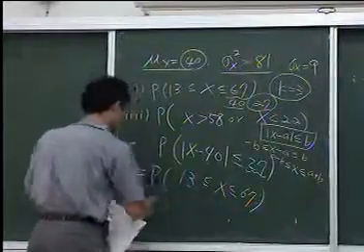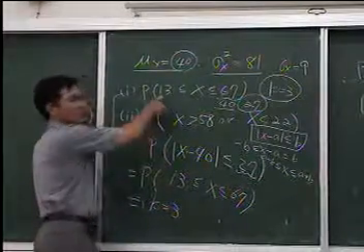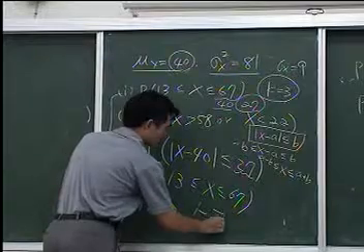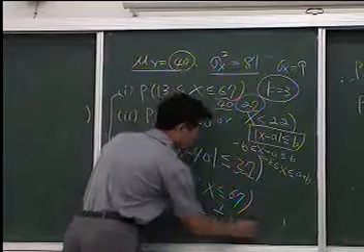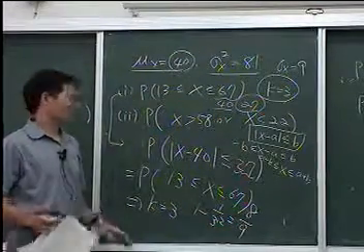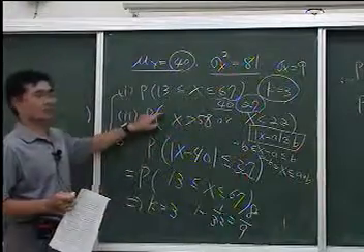So k is equal to 3. So what is the probability here? It is equal to 1 minus 1 over 3 squared. So that's equal to 8 over 9. Okay? Any questions? So now let us get to the second part, right?